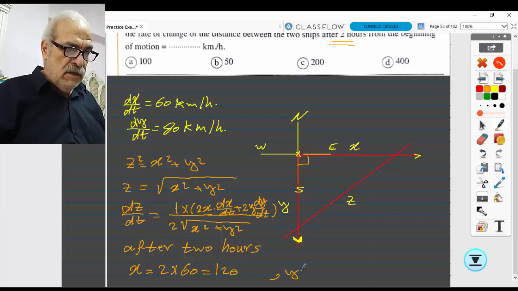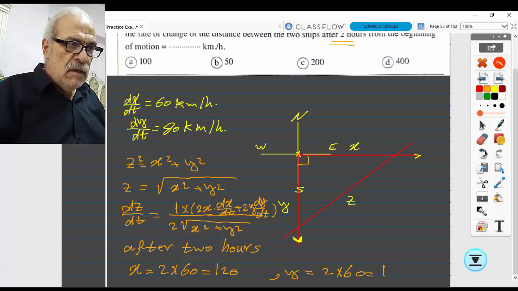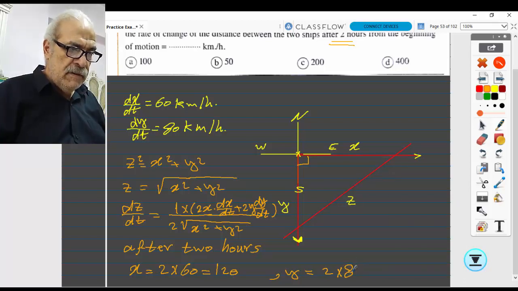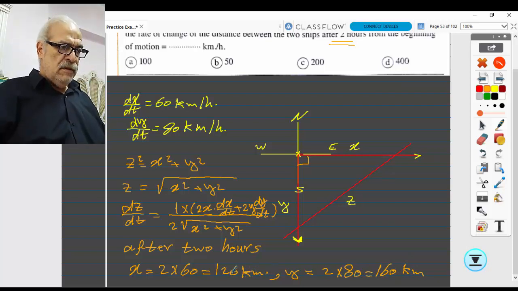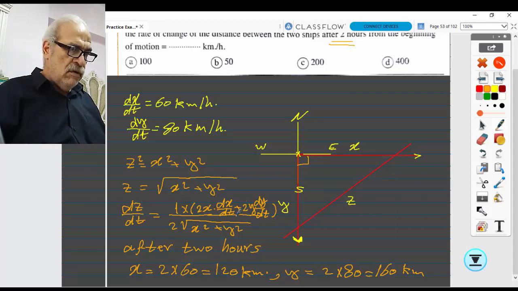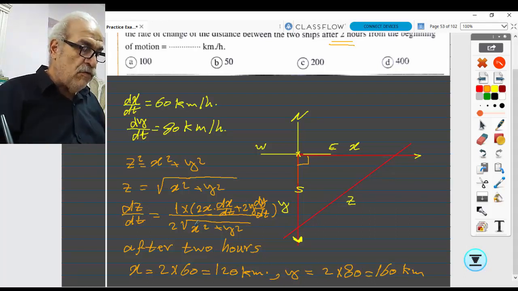And y equals 2 multiply 80, which equals 160 kilometers. Here also we have kilometers.